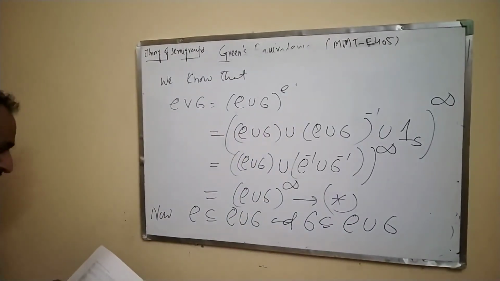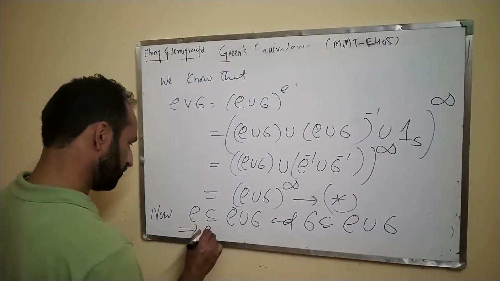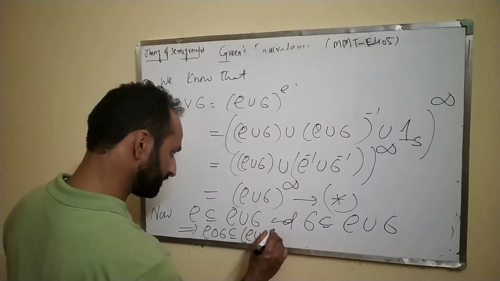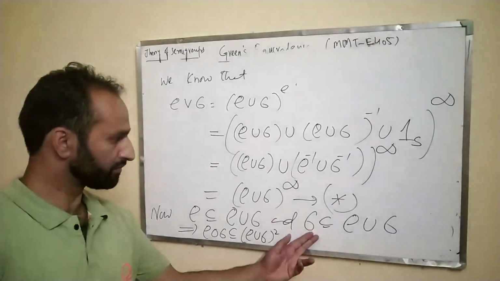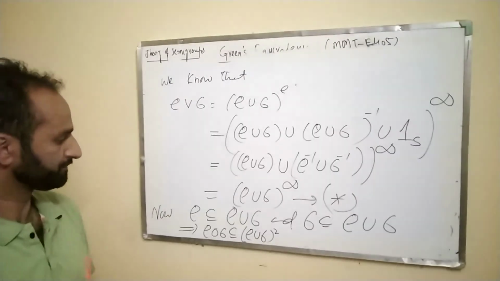This is trivial. So which implies rho composition sigma is a subset of rho union sigma whole square. That is, rho composition sigma is a subset of rho union sigma composed with rho union sigma, that's the square.